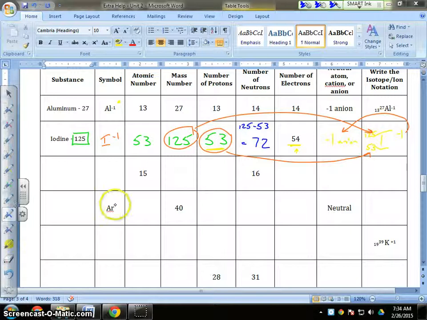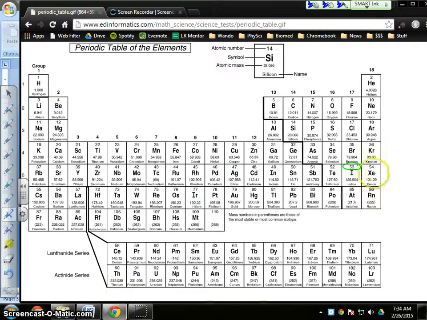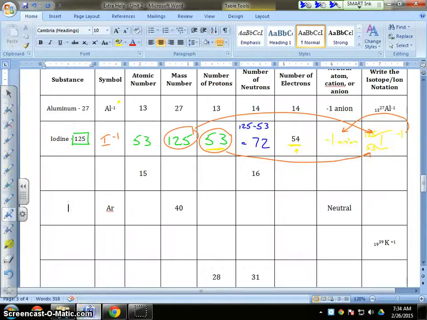With our second one, or I guess our third one, we have argon here. Argon itself happens to be, if we look at our periodic table, argon's off to the right. We've got element 18, and that's all I need to look at the periodic table for. So my Ar, which we were given the symbol of, has an atomic number of 18.